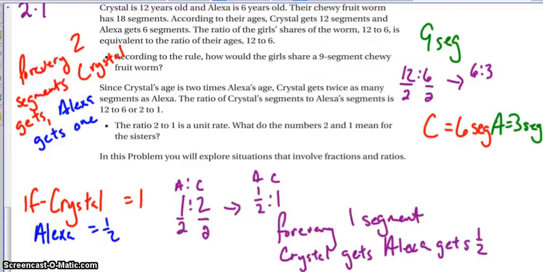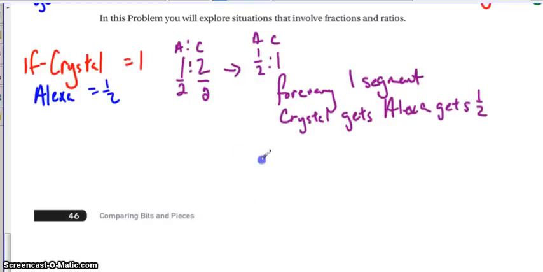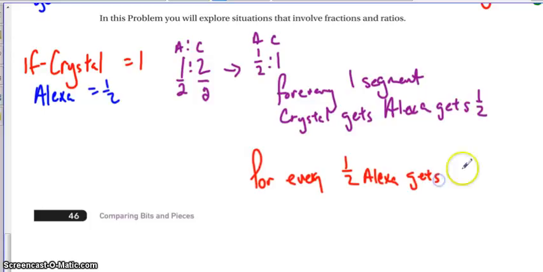Now to put that better in terms of a unit rate, because our 1 is right here, for every half Alexa gets, Crystal gets 1. Okay, so ratios and fractions are very, very similar.